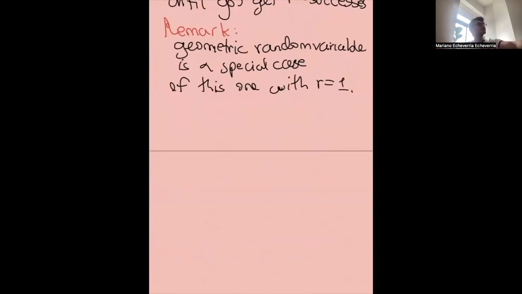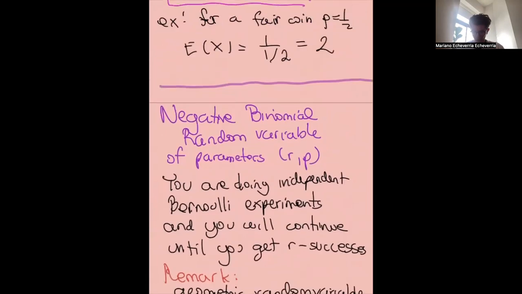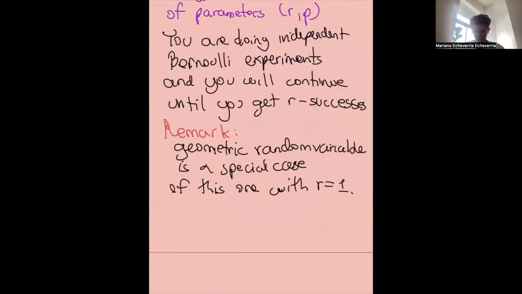So again, how many successes do you have to wait for? I suppose it has to start at r. Maybe I should say what x is. x is the number of experiments you perform until you get r successes.